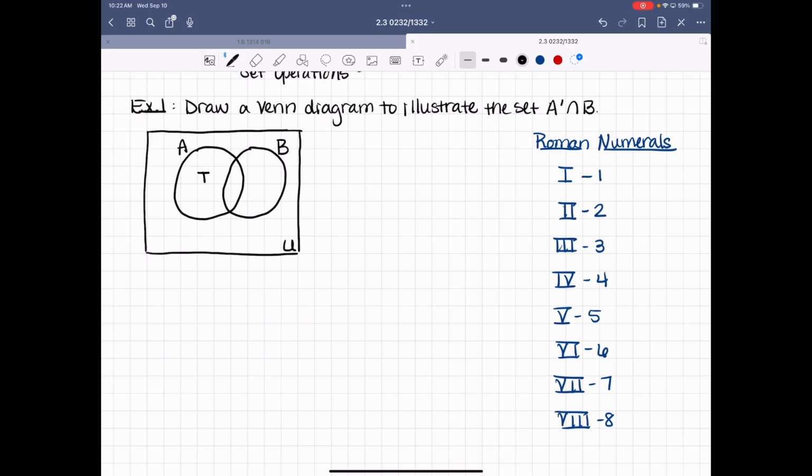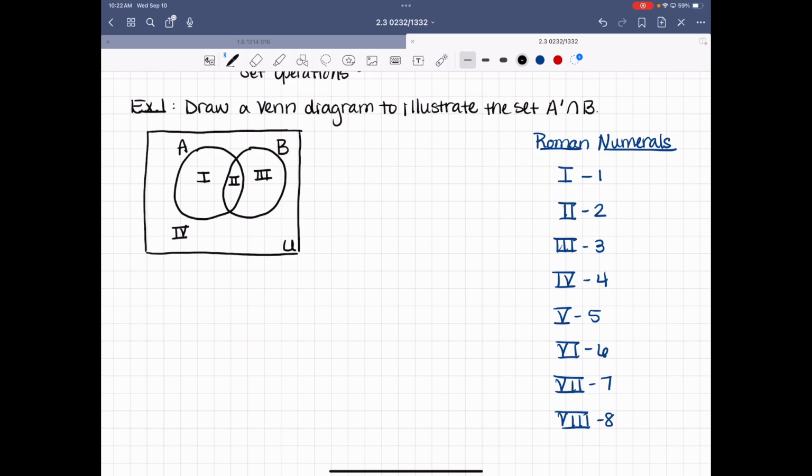We go left to right, and we start inside the circle. So that's region 1. Region 2 is that intersection. Region 3 is over here, just B. And then region 4 is the rest of the universal set. Okay, the things that fall in the universal set, but they're not in A or B.